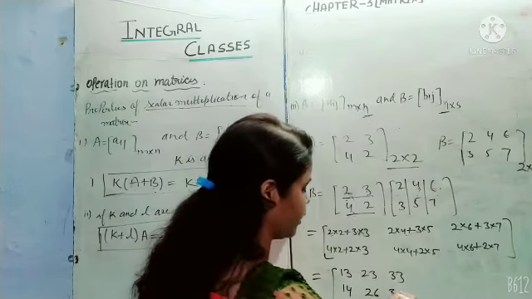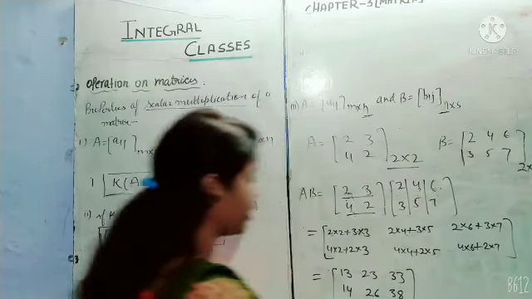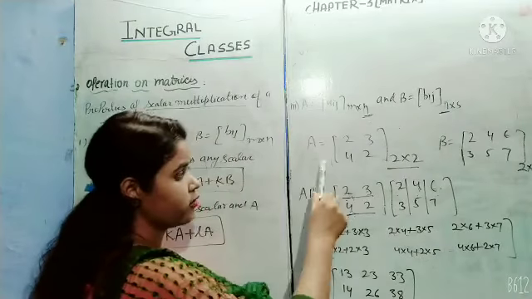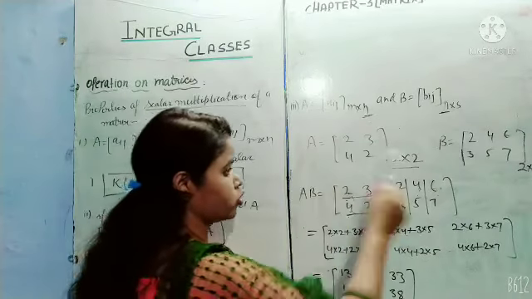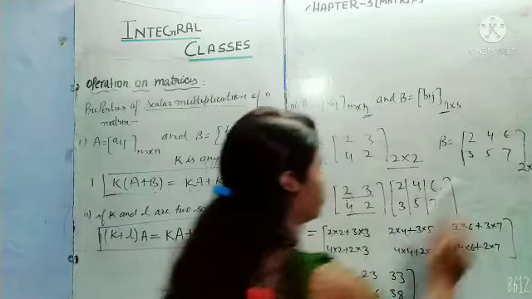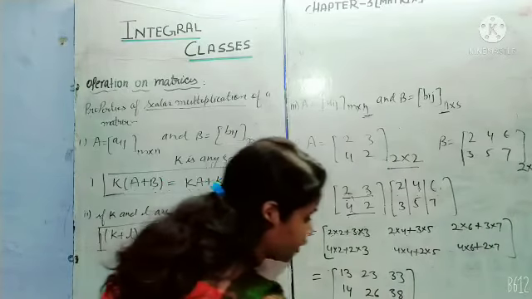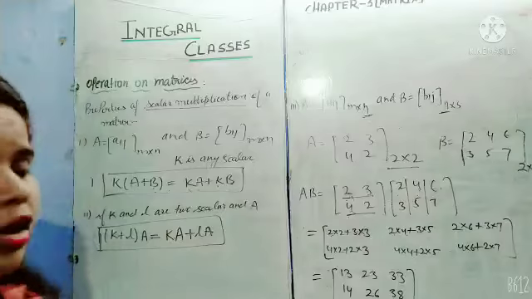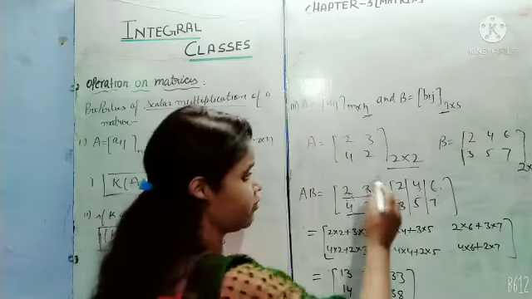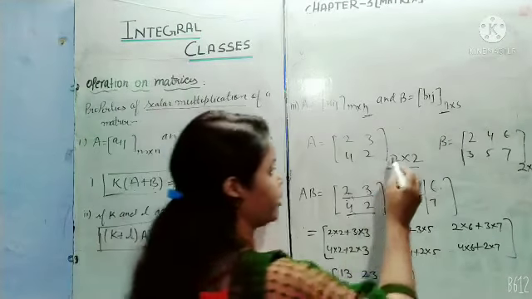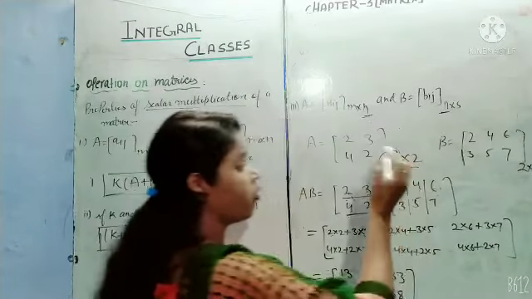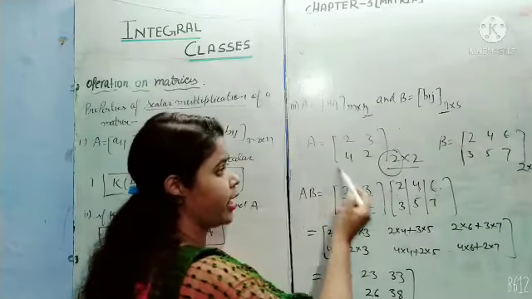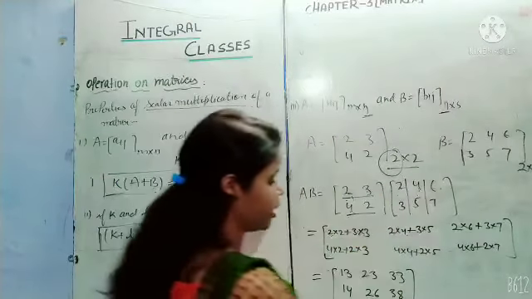So student, as we observe here, if we multiply two matrices where A has order 2 cross 2 and B has 2 cross 3, then we get a matrix of order 2 cross 3. It means that when we multiply two matrices, we get the rows of the first matrix and the columns of the second matrix.